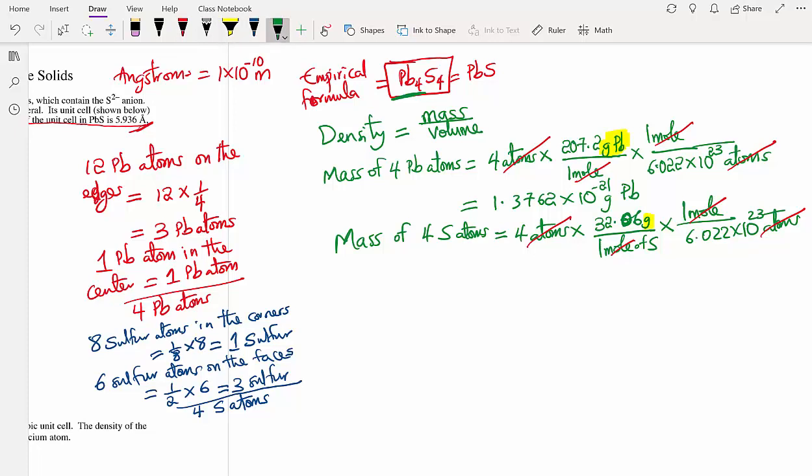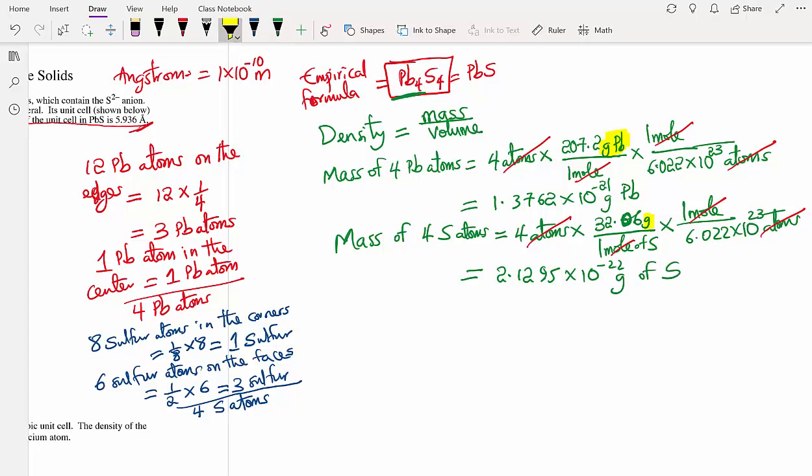If you plug this into your calculator, you should get 2.1295 times 10 to negative 22 grams of sulfur.